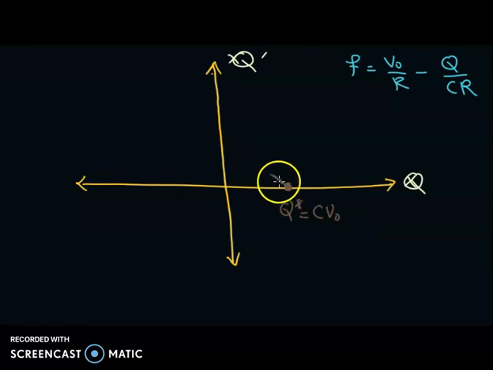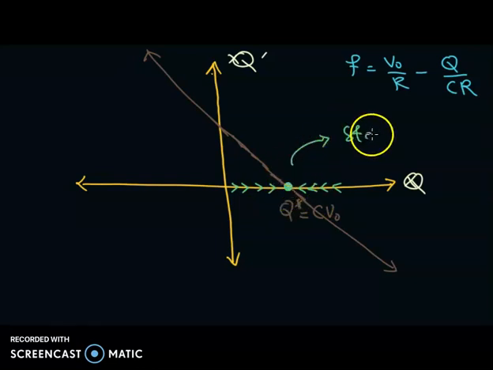So the line should look like this, a straight line. Now we can see what is going on at this point. From the left side, q prime is positive, so flow must be towards the right, and from the right side, q prime is negative, so flow must be towards the left. Hence this equilibrium point is a sink, or we say that it is stable.